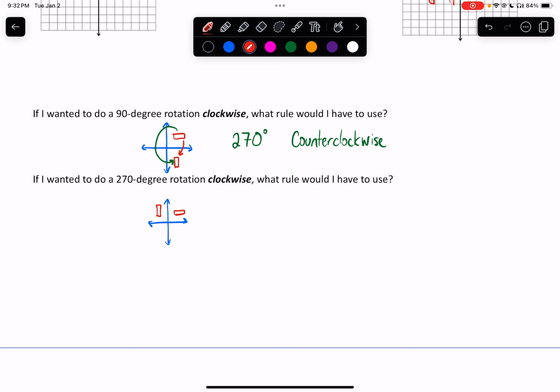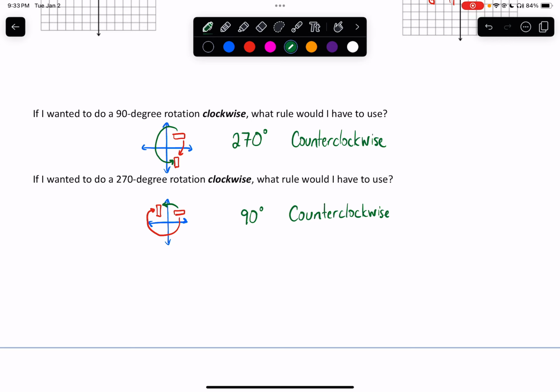And so again, if I am going here 270 degrees like that, it would be the same thing as going 90 degrees counterclockwise. Sometimes it almost makes more sense thinking about it in terms of a quarter turn or a 3/4 turn. Going the opposite way, it would just be a quarter or 3/4.